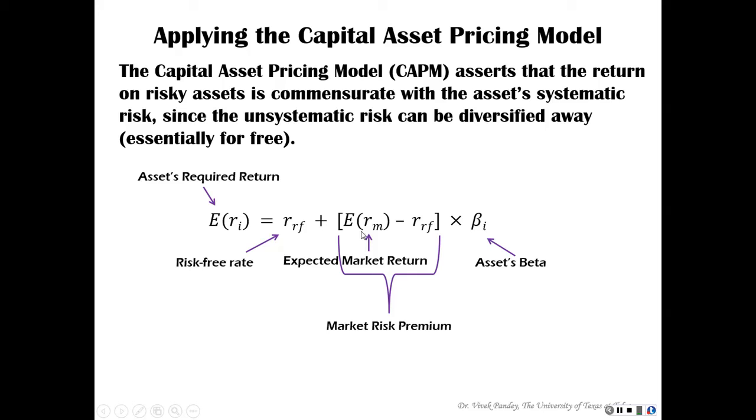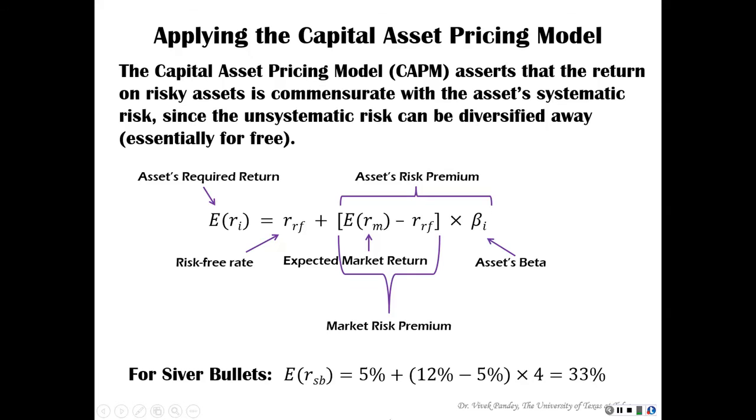And the market portfolio provides that return, which is that much above the risk-free rate. So when we subtract the risk-free rate from that, we get the risk premium for the market portfolio. And that's called the market risk premium, right? But if we multiply it with the beta of a stock, then that becomes the stock's risk premium. And so the stock's return is the risk-free rate plus the stock's risk premium, right? Call it the asset's risk premium.